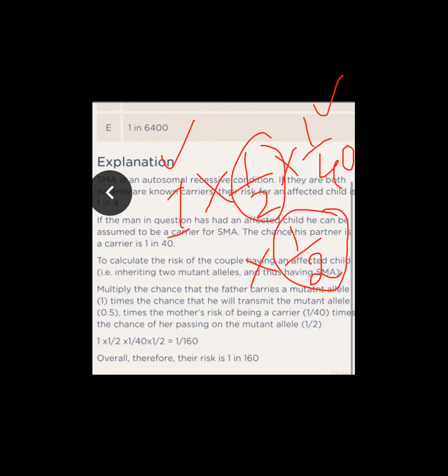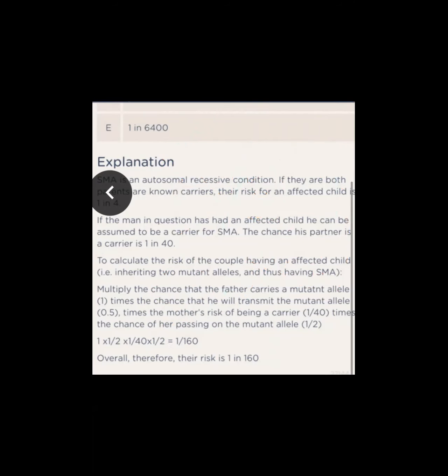If both parents are carriers, then only the child will be affected, because it is an autosomal recessive condition. Again, the father's chance of being a carrier is 1, and the chance is 50% that he will transmit the bad gene to the child. The mother's chance of being a carrier is 1 by 40, and again the chance is 1 by 2, or 50%, that she will transmit the bad gene to the child.